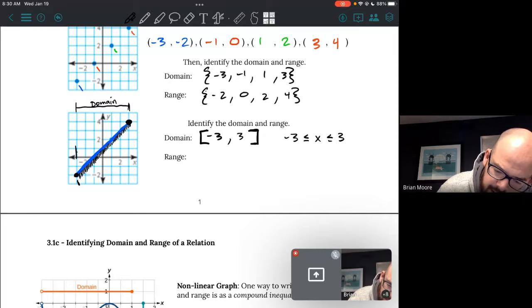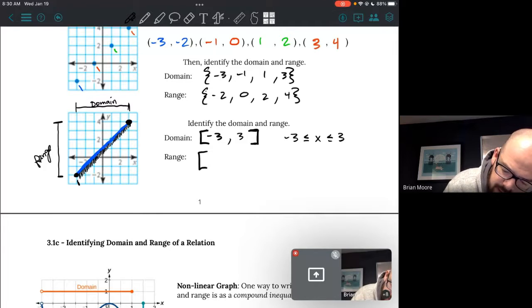Now for our range, it can go from here all the way up to here. So this is our range. My range can be equal to -2 all the way up to a +4.